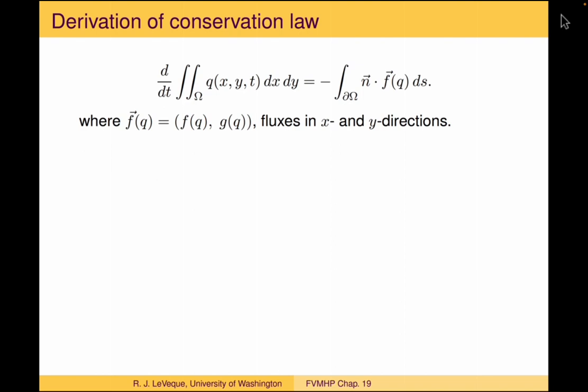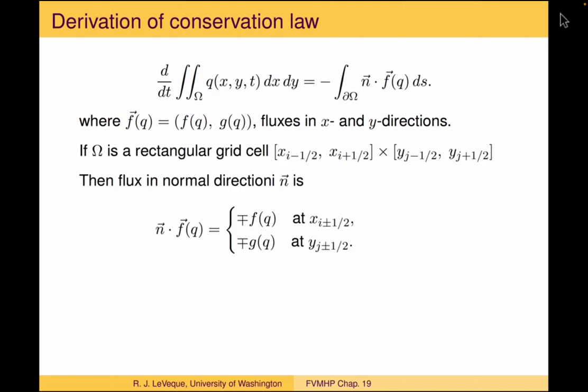In the case where everything was nice and smooth, we can manipulate this to get the standard PDE form of the hyperbolic equation. But instead, what we want to look at now is applying this to the special case where omega is a rectangular grid cell on a Cartesian grid, although it could be applied on other sorts of grids, but we'll look at the Cartesian grid case here.